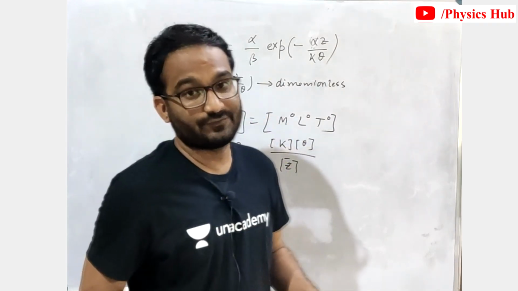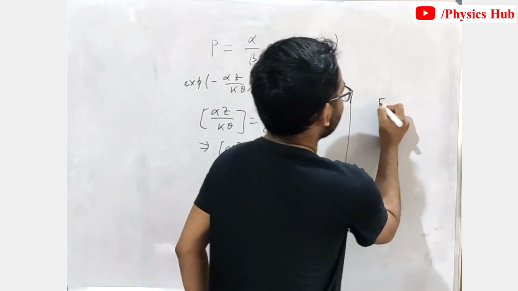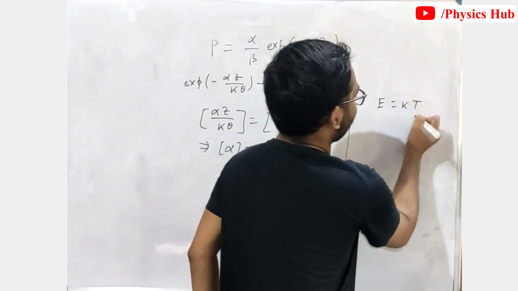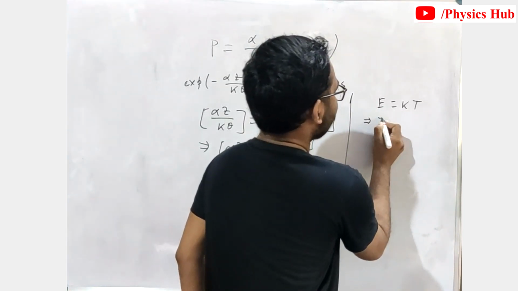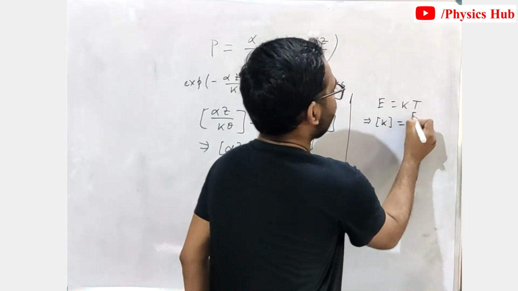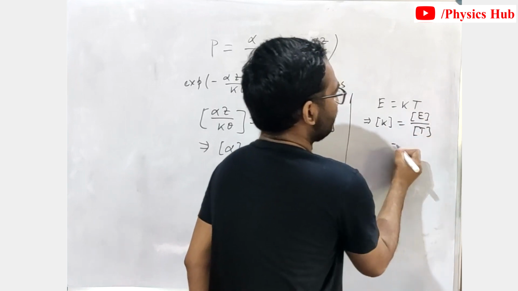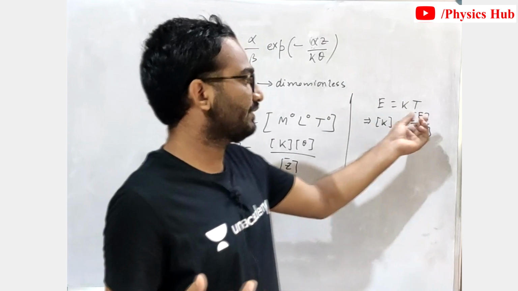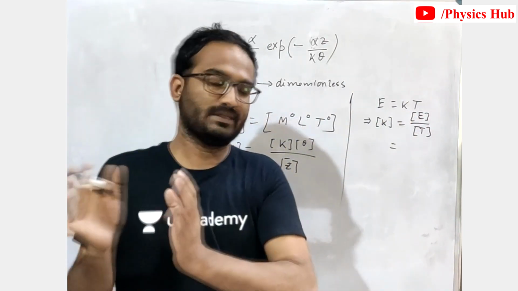Now what is the dimension of k? To find out the dimension of k, we are utilizing E equals kT, where k is the Boltzmann constant and T is the temperature. So dimension of k will be dimension of energy divided by dimension of temperature. Dimension of energy means dimension of work. Work equals force times displacement.